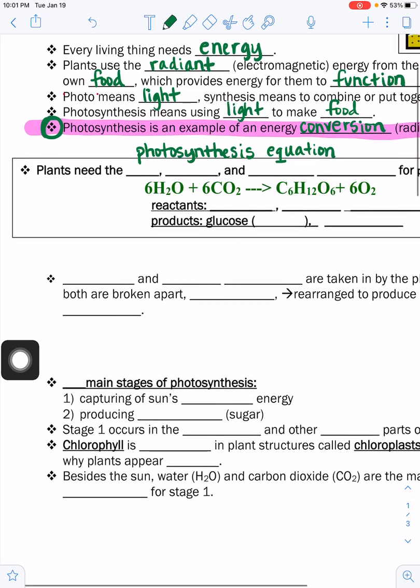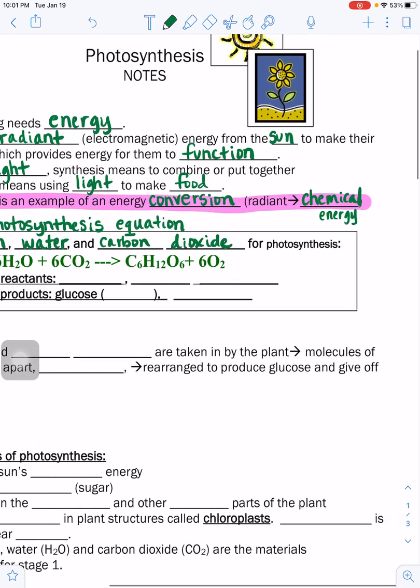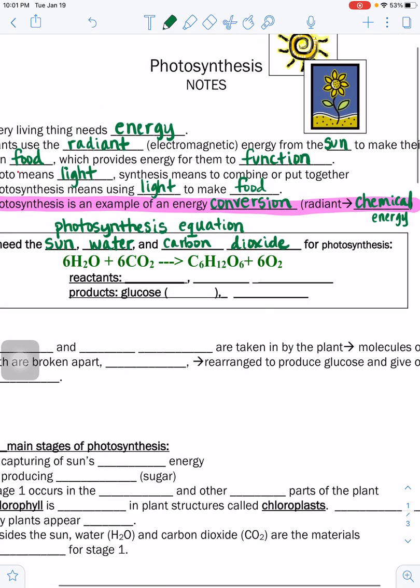Okay, so let's write in what this says in words. Plants need the sun, water, and carbon dioxide for photosynthesis.